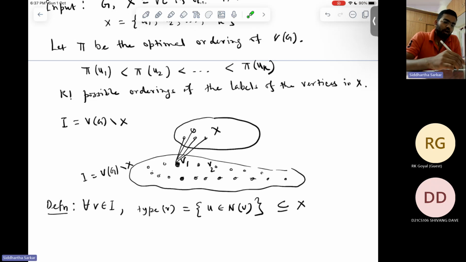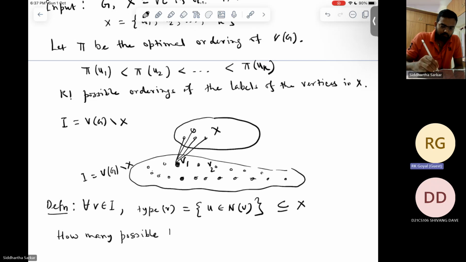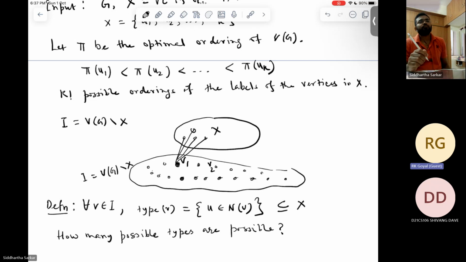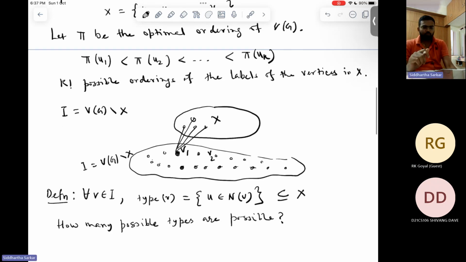So how many possible types are there? Whatever the type is, it will definitely be a subset of the set X, and at the most, the union of the types of all the vertices in the set I would be equal to the set X. That is also true. But my question is, how many distinct types are possible?